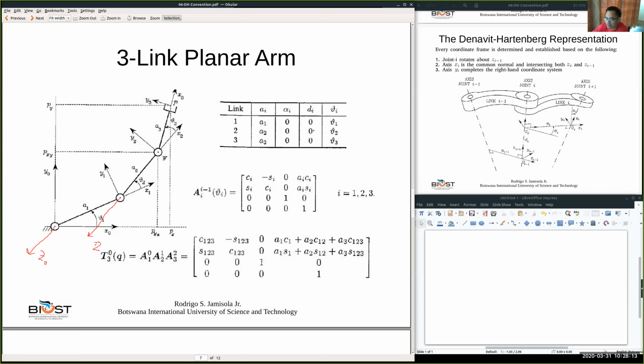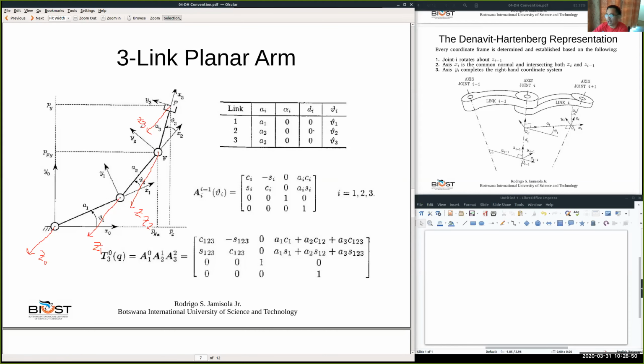Remember this is a planar robot, so you'll have another Z axis here that's parallel to all the Z axes. All of these are coming out of the board, or out of the paper. So this is Z0, because this robot has 3 axes, and now this is the final one, the end effector or the hand, which is Z3.